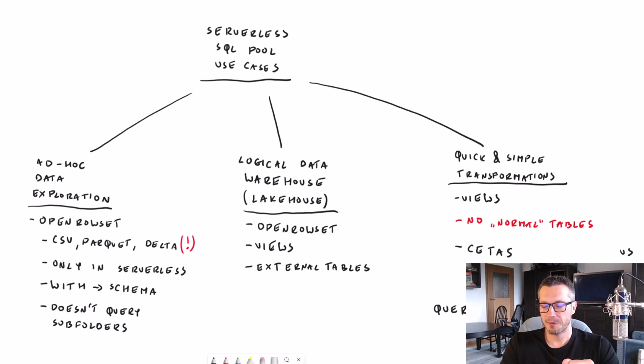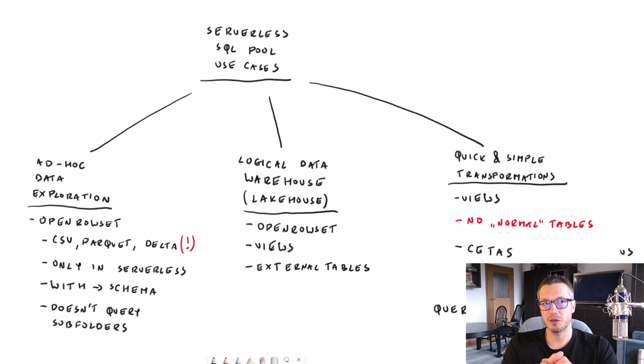On the other hand, when it comes to performance, this serverless pool will usually be slower because every time you query your data, it has to go to this data lake, read the data, maybe perform some operations during the select phase, and then return the results.